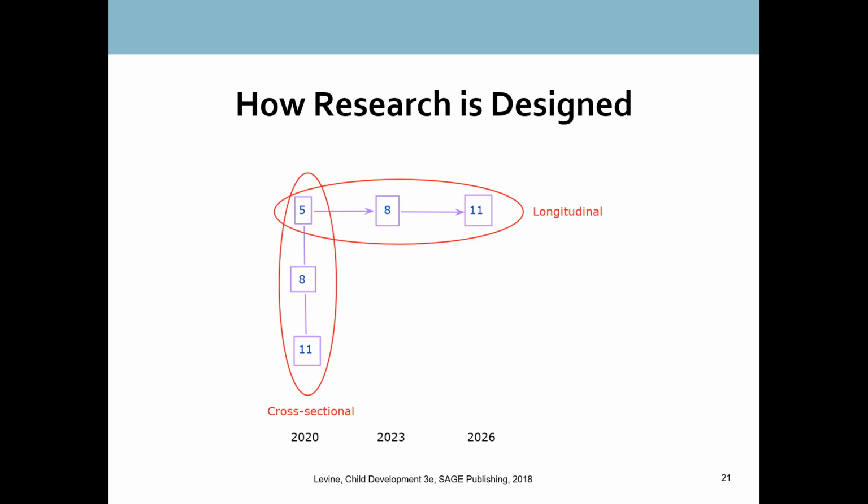So I collect the 5-year-olds, and once again, just looking along the top, I test them on some items. I wait 3 years. I want to see how they do at 8 years of age. I wait 3 more years and test them at 11. So here I see how a group of individuals, how their particular mathematics skills change from 5 to 11.